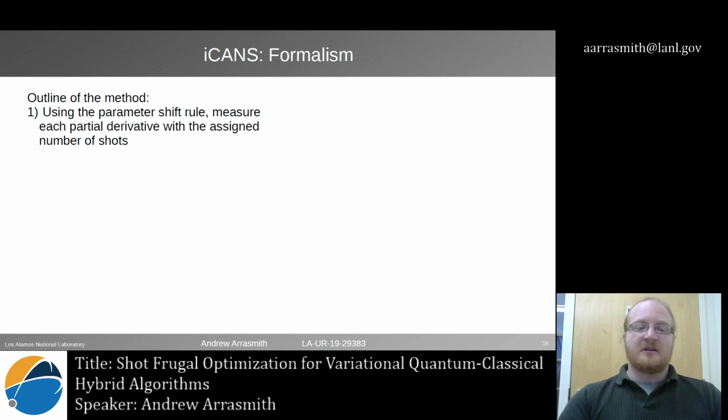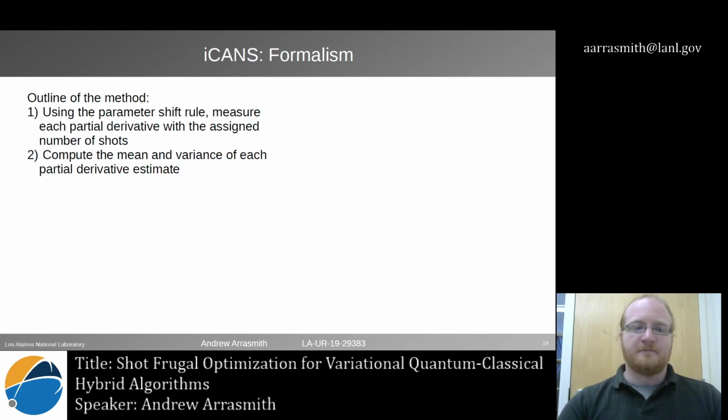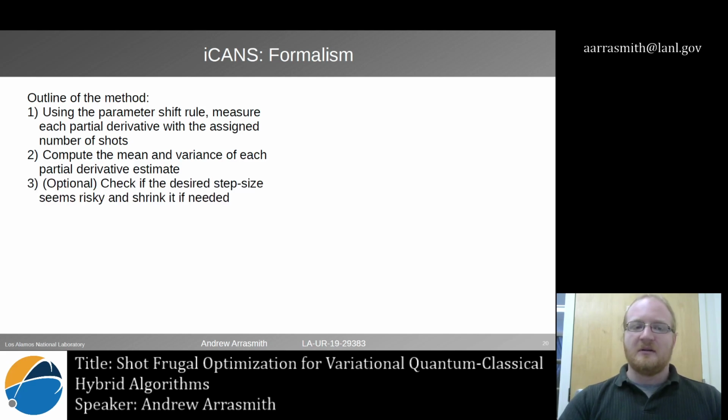Making this a little more precise, we advocate using the parameter shift rule to get your gradients. This is just, you can use two measurements from different quantum states to calculate the gradient of your cost function with respect to your parameters. You get the mean and variance of each partial derivative in the gradient.